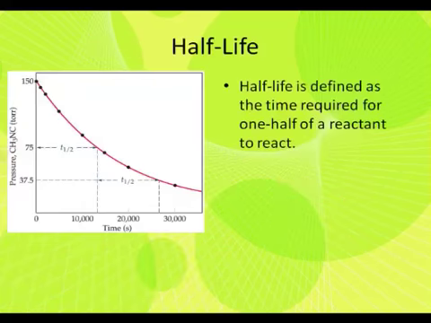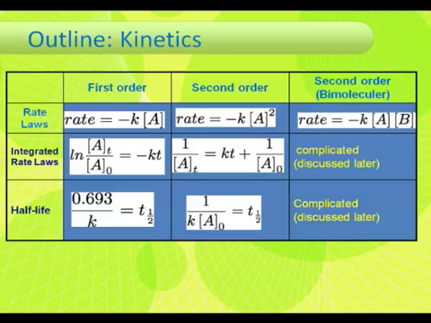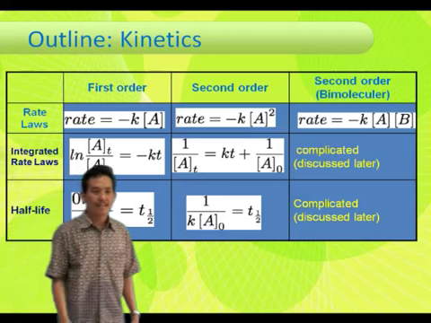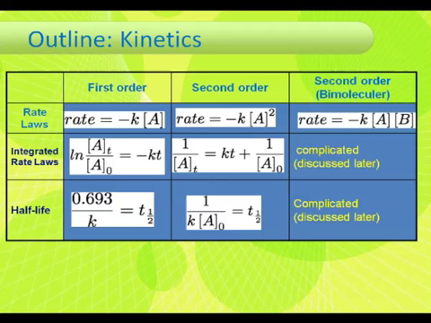Now we go for the third or bigger order reaction. But before that, just have a look in the presentation over there. This is the outline. We already discussed it.